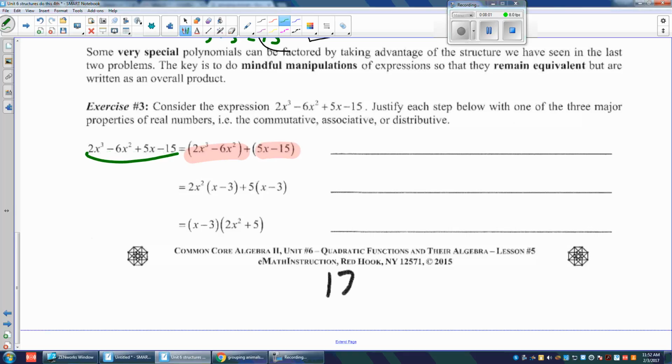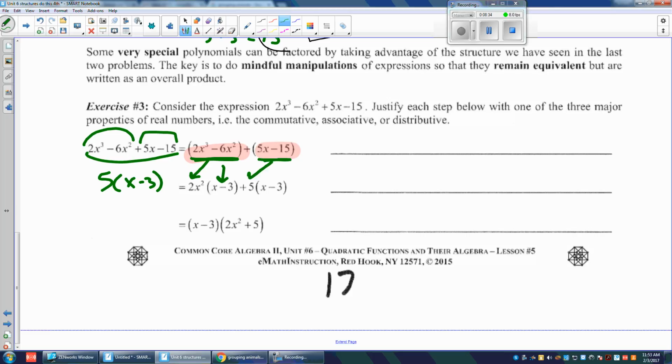So now we take a look at this problem and say, if I look at this part, I can see that's a 5 and an x minus 3. Can I get an x minus 3 out of those? Oh yeah, if I group those together, I can get an x minus 3. And so we group it, and we factor out a 2x squared, and we're left with an x minus 3.